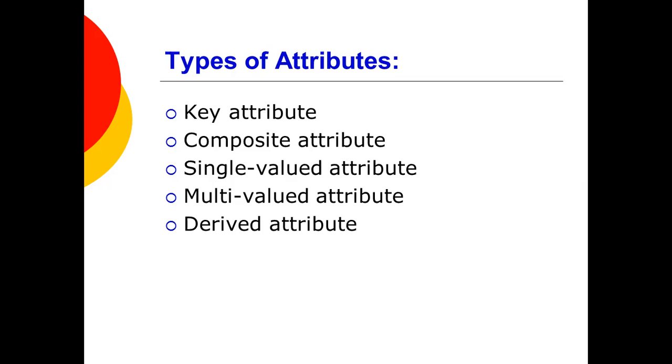You can also treat your enrollment number as a key attribute, because it is a unique number. Similarly, the roll number, we are not going to repeat the roll number again in the class.